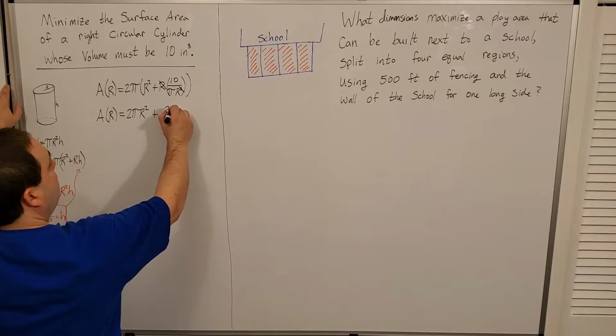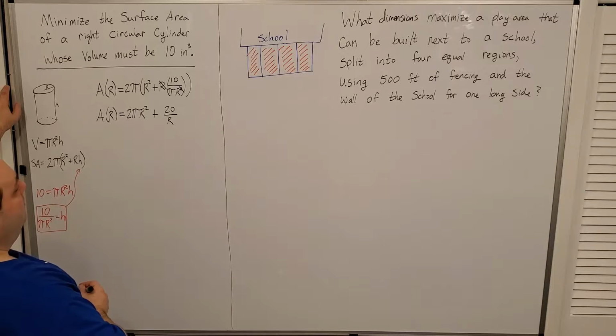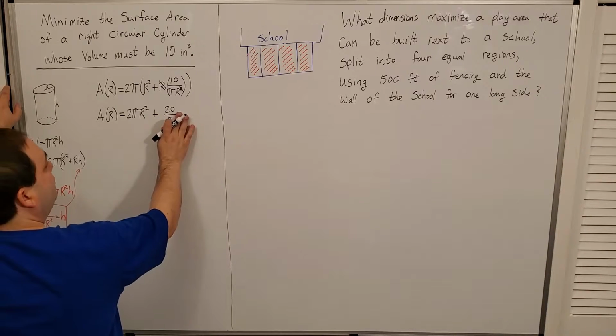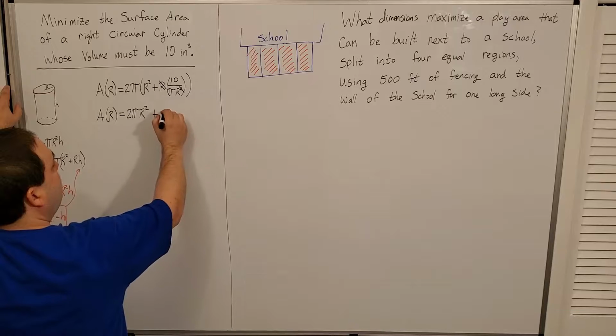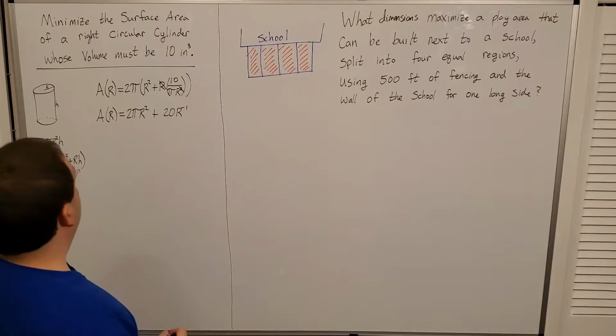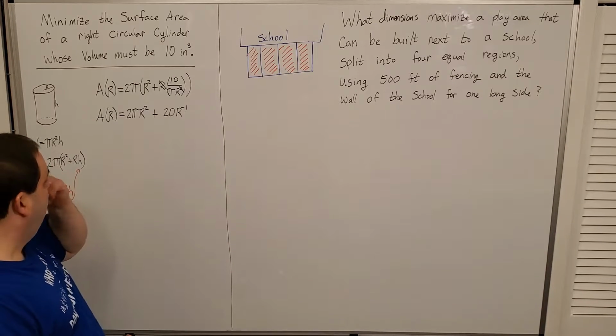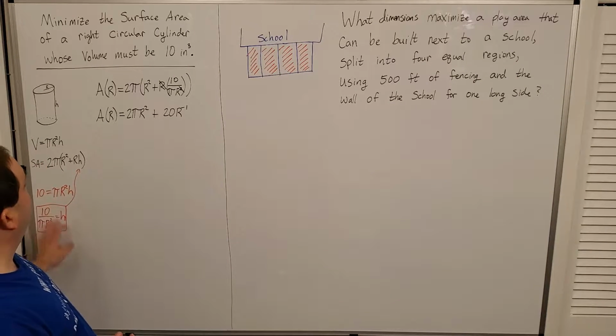So I have 20 over r. To make this easier to take a derivative of, I'm just going to say 20 r to the negative 1. So there's my area function of r based on this constraint equation.